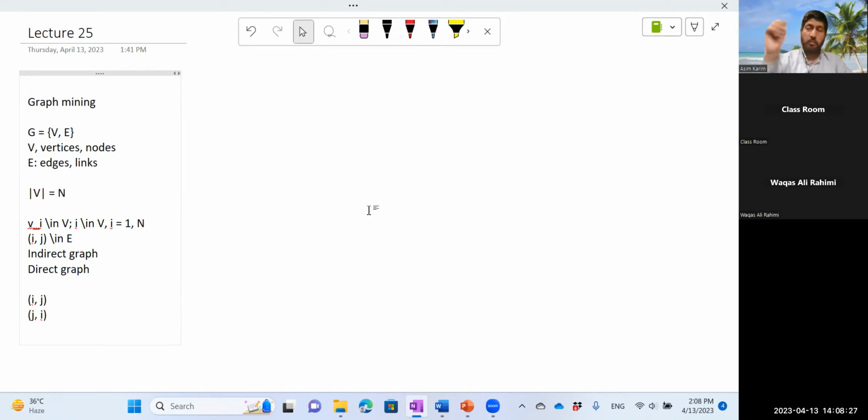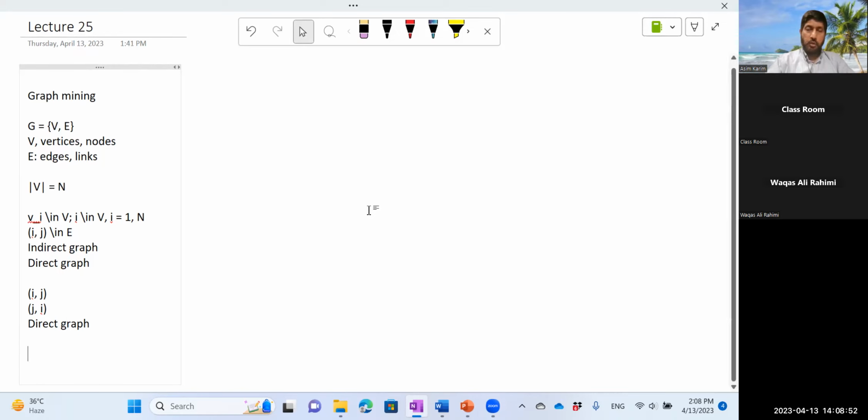So there's an arrow from i to j or an arrow from j to i. If this is the case, then this would be a directed graph. Okay? If you don't have both of these combinations, then it is an undirected graph.